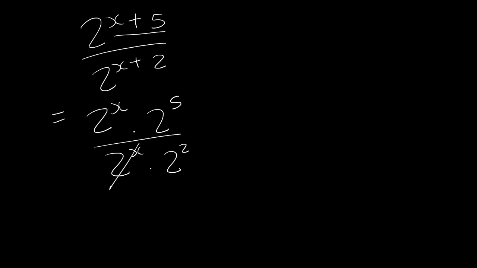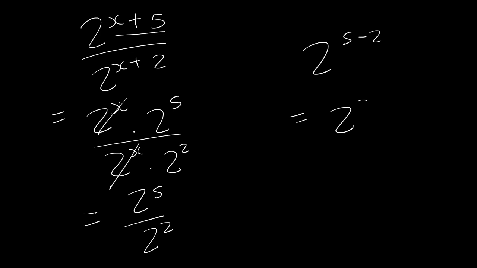We can see that these cancel off, so we're left with 2^5 over 2^2. Now we know from law 2 that when the bases are the same and they're being divided, we subtract the exponents. So we'll have 2^(5-2), which will be 2^3, and my final answer will be 8.